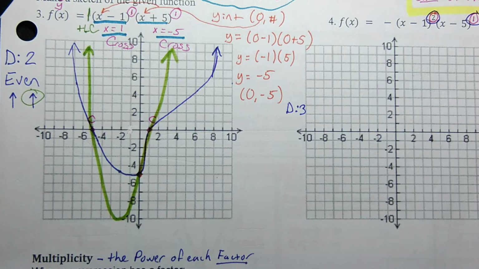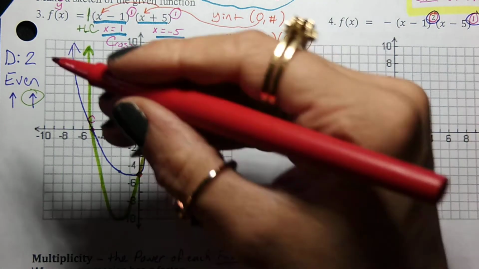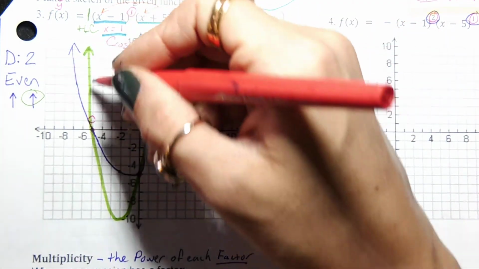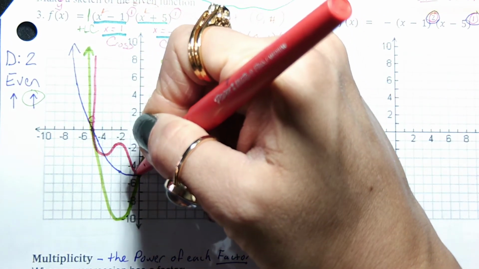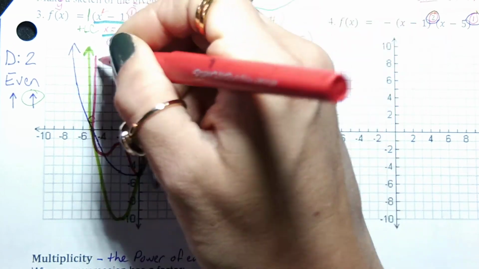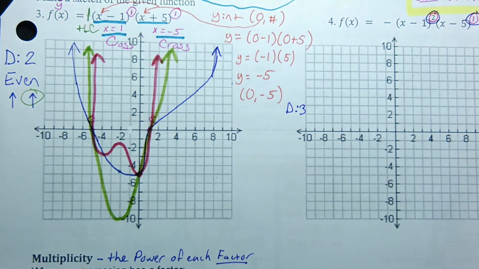Let me show you what wouldn't be a possible sketch. So we're going to draw this one in red. What if I come on down and I do a little wiggle there and I make a W? Does anyone know why that red line is not possible?